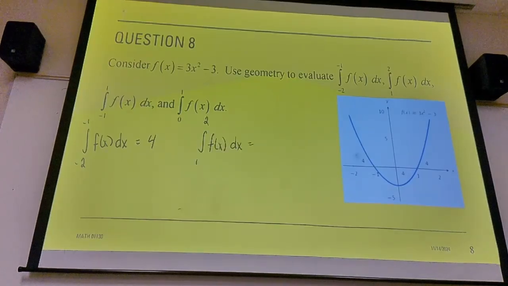What about that one? Since this projector doesn't want to show that shading, just draw the shapes.